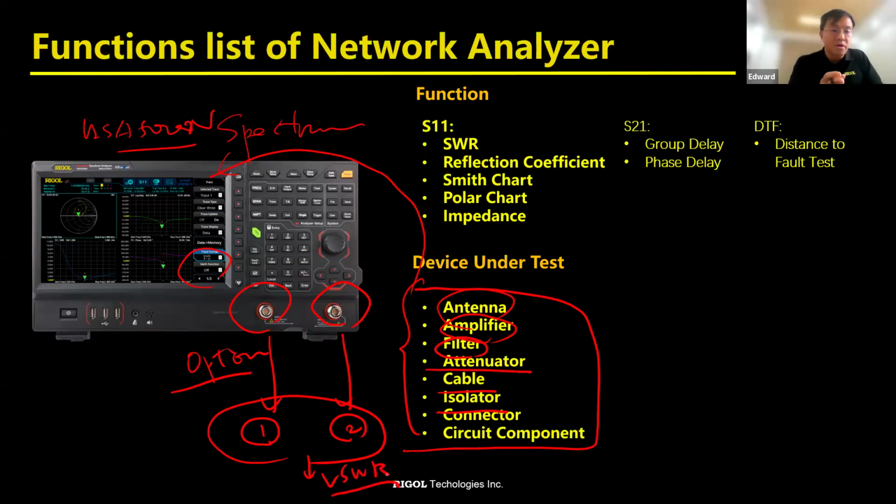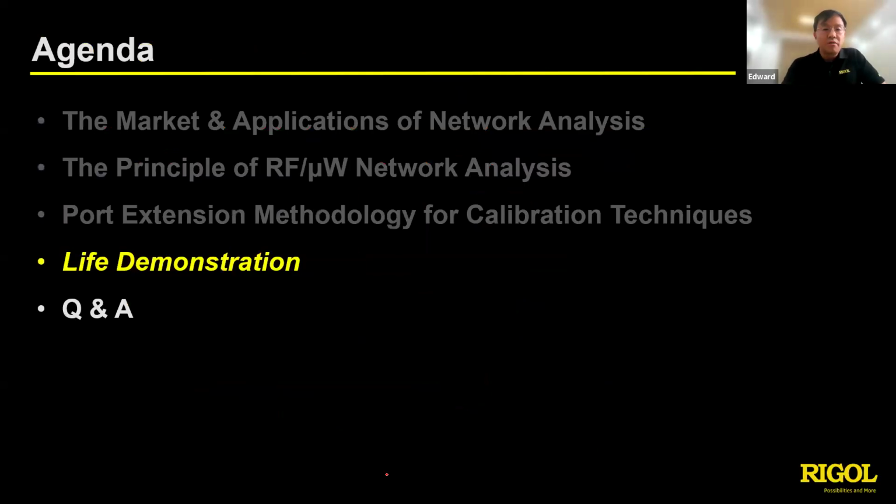So it is quite simple, but not a full network analyzer. Okay, so this is the basic presentation of the network analyzer basics, and I have already introduced the port extension methodologies of the calibration techniques.